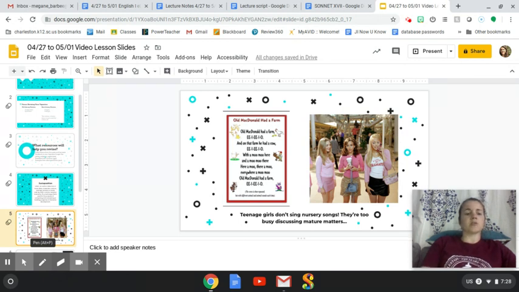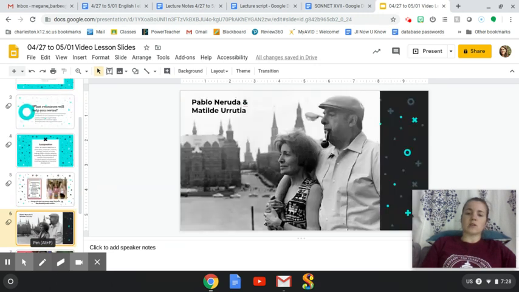I'm going to show you another example of juxtaposition today in a poem written by someone named Pablo Neruda. He was Chilean, and he was a major romantic who wrote probably 100 sonnets to his third wife, Mathilde, who you see in this picture. The one we're going to read today is called Sonnet 17. A sonnet is just a particular style of writing a poem with a certain number of lines and a rhyme scheme that you have to follow.